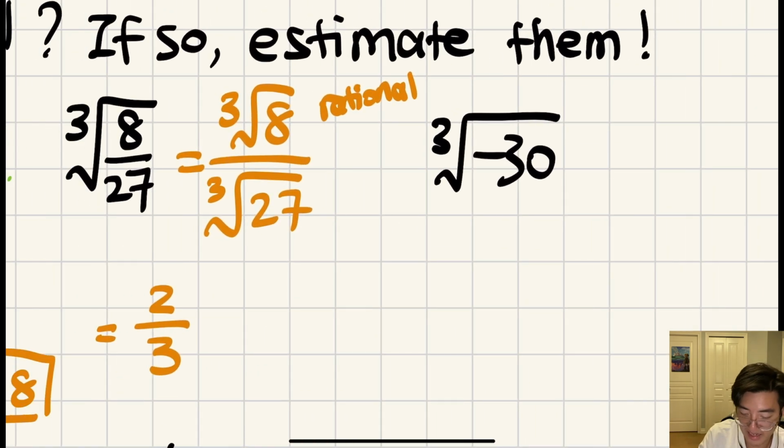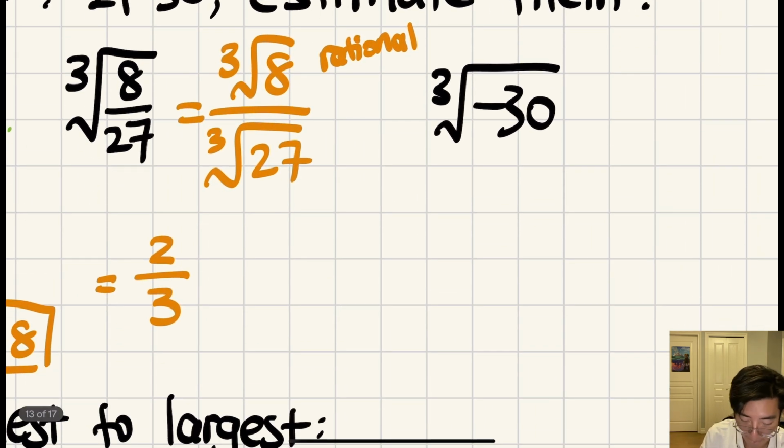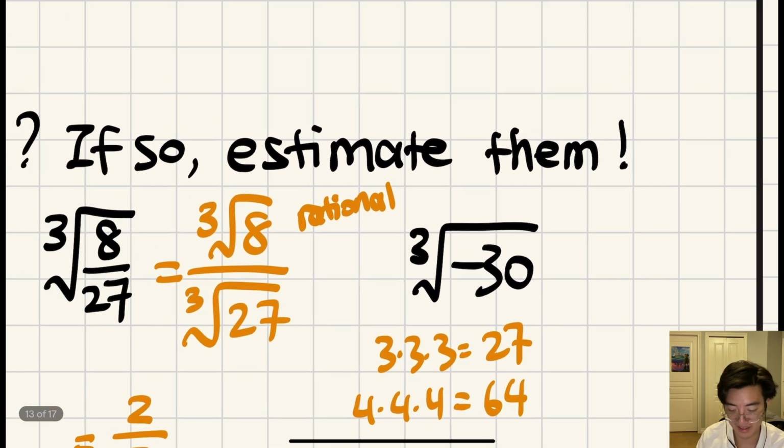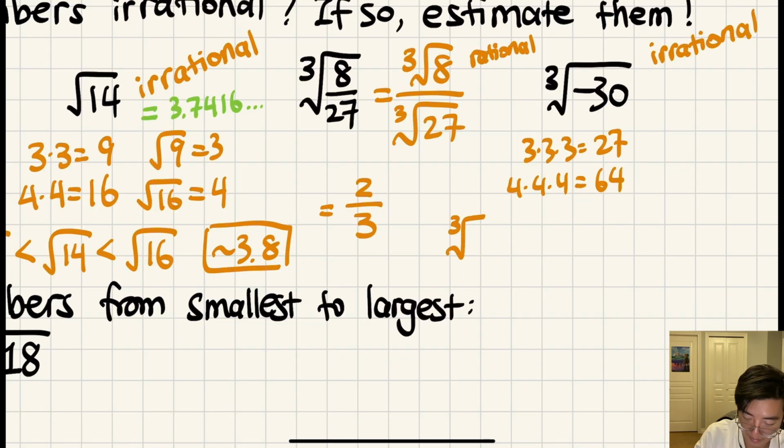Okay, last one here, cube root of -30. All right, so we know 3 times 3 times 3 is 27. How about 4 times 4 times 4? So that's 64. That's way over. So chances are this thing right here is irrational. So now if we estimate it, it will be in between the cube root of -64 and the cube root of -27.